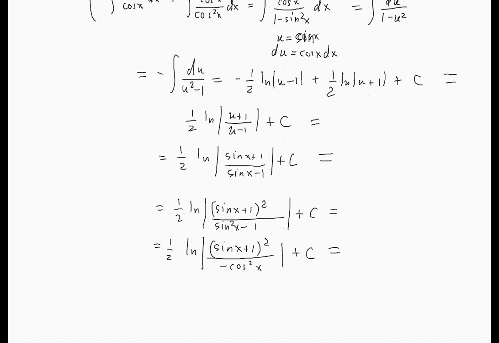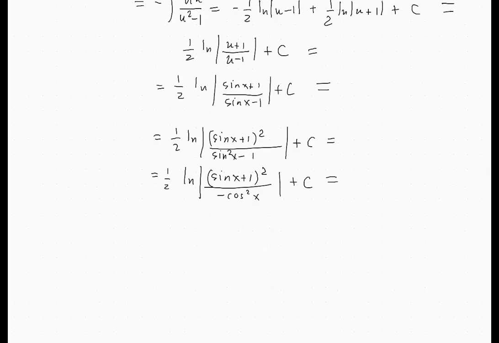So you can get rid of the sign, and you can also take the square outside. So this will be sine x plus 1 over cosine x all squared. And now this cancels out with that, because you can always take the factor in front of the ln as exponent.